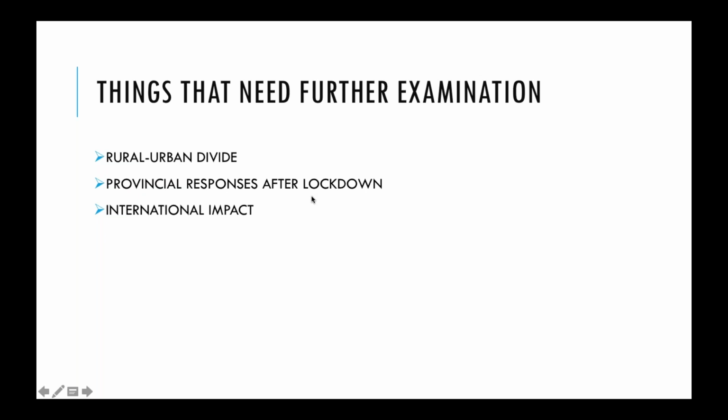Initially they were not doing so much. Then the central government took steps to tackle it. But afterwards, the central government has to pass the responsibility to the provinces to open up businesses, schools and whatnot. So again, we need to go back and focus there. And of course, the potential international impact, that I do not have time to cover here.